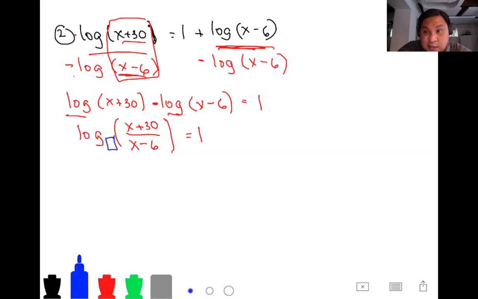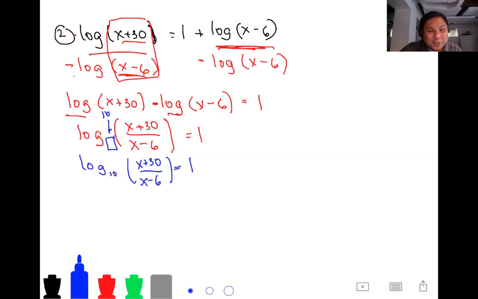But take note, as I mentioned earlier, if it's missing a base, the base is understood to be 10. This can be thought of as logarithm of x plus 30 over x minus 6 is equal to 1.